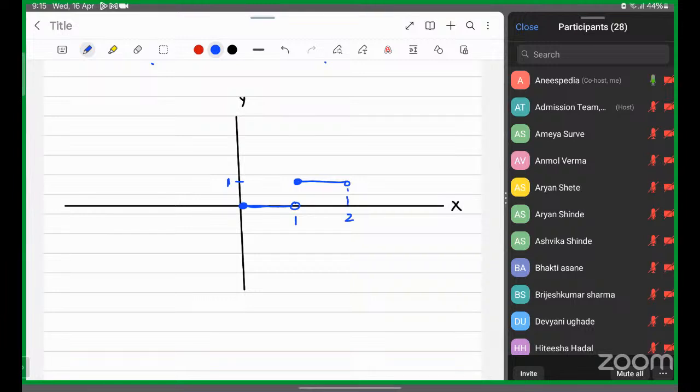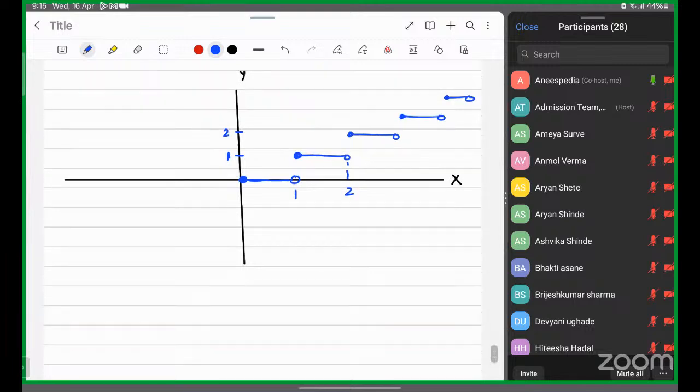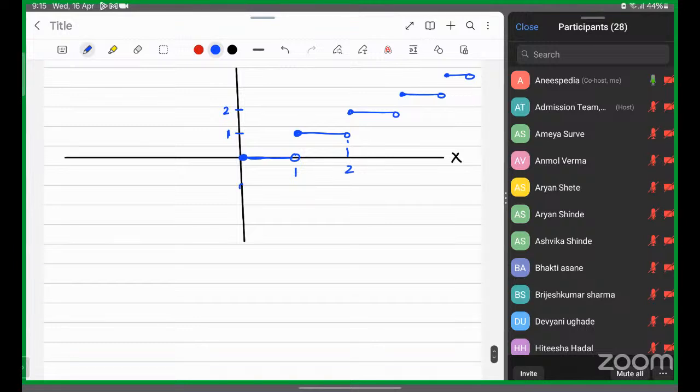This will be 2. For 2 to 3, output will be 2. This point will be 2. And the graph will go on like this. In negative direction, open will be here, close will be here. This is -1. This will be open, this will be closed, -2, and so on.